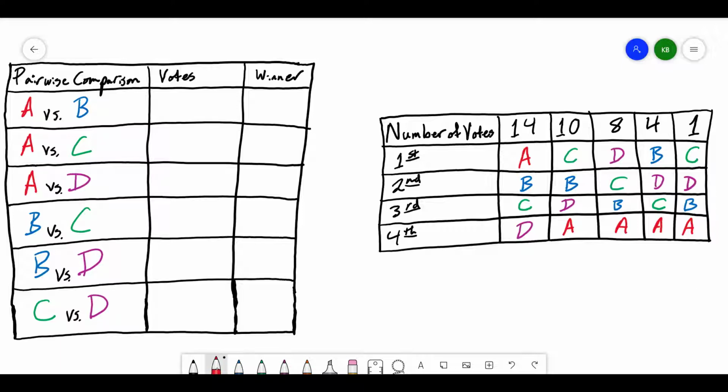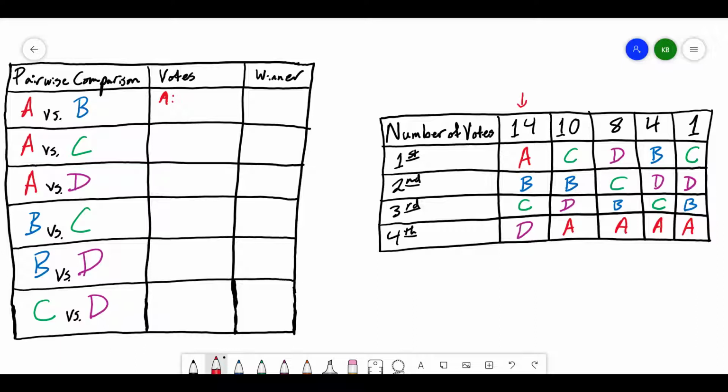Now that I have all of my possible pairwise comparisons determined, I'm going to go through and count votes for them. For each one, I'm going to have a number of votes for each candidate. So A versus B, I'm going to see how many times A falls ahead of B. Well, it happens in the first column.